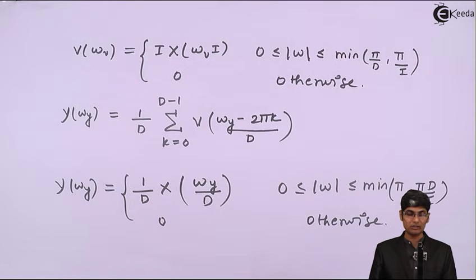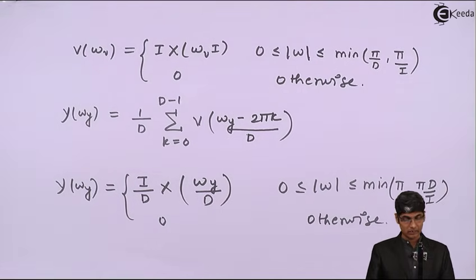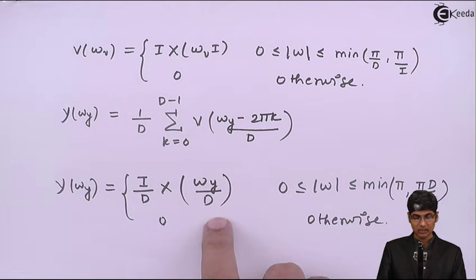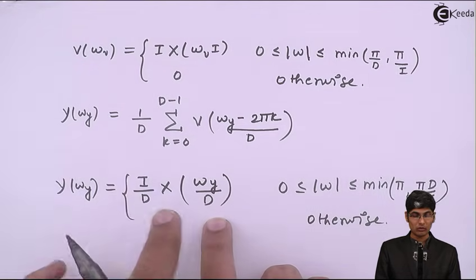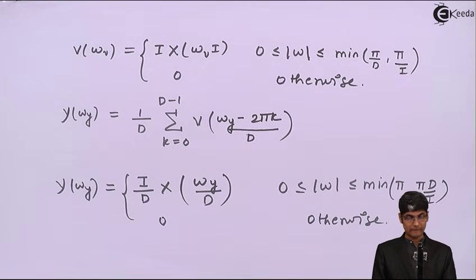The transfer function of the filter we are assuming to be not 1, it's I, so it will be I over d times x of omega y by d. So it is nothing but a downsampled version of x and also interpolated by I.